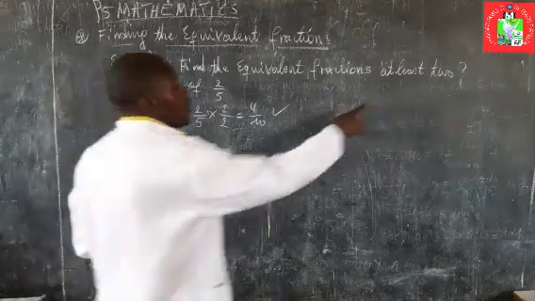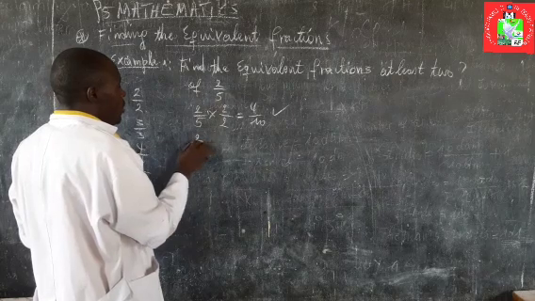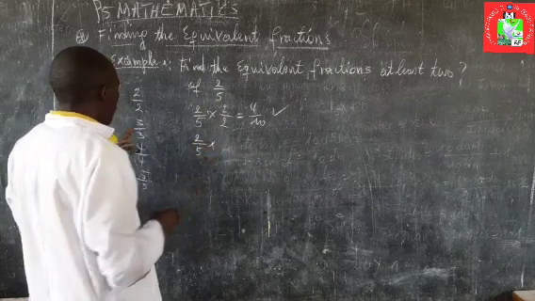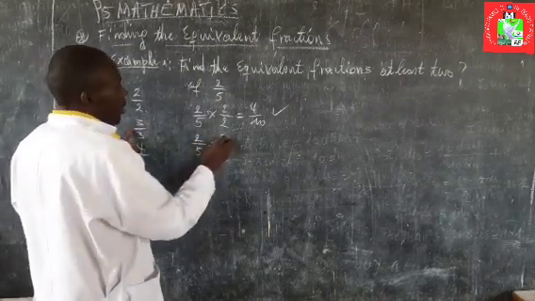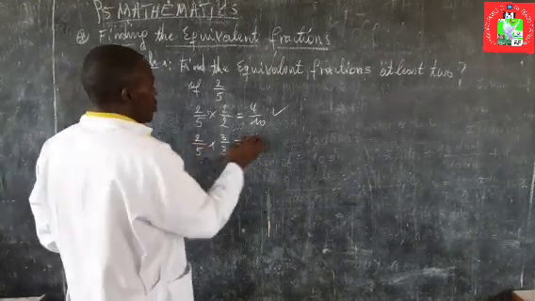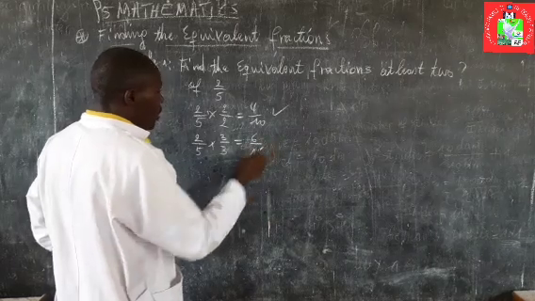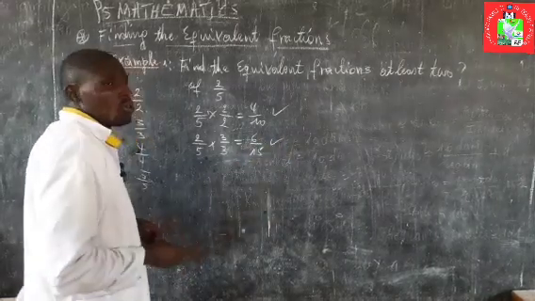For equivalent 2, we write the given 2 over 5 times the next, 3 over 3. Then 2 times 3 is equal to 6, and 5 times 3 is equal to 15. This is equivalent 2.